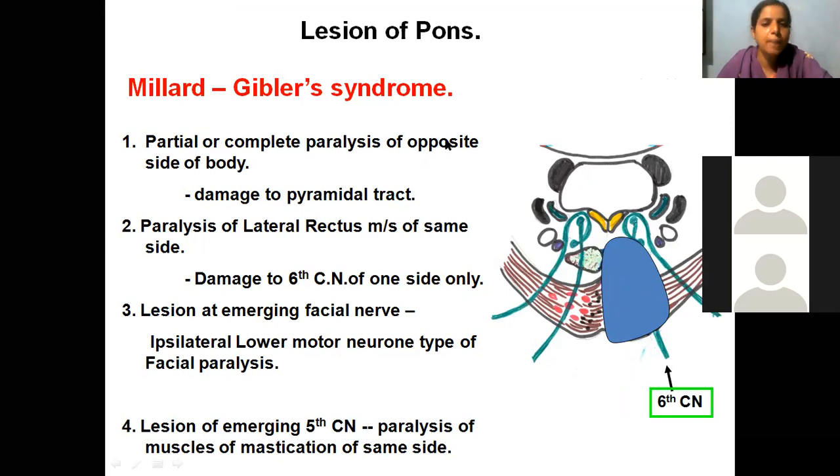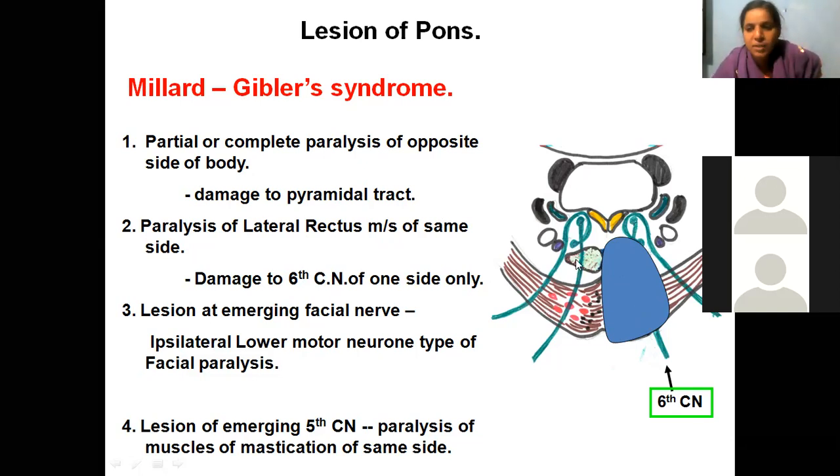So there is partial or complete paralysis of the opposite side of the body, that is hemiplegia, because pyramidal tracts pass through the midbrain, pons and medulla, isn't it? Paralysis of the lateral rectus muscle of the same side, because which cranial nerve is damaged? LR6. Six is abducent. So our abducent nerve is damaged. In Millard-Gubler syndrome, hence the person will have paralysis of the lateral rectus muscle.